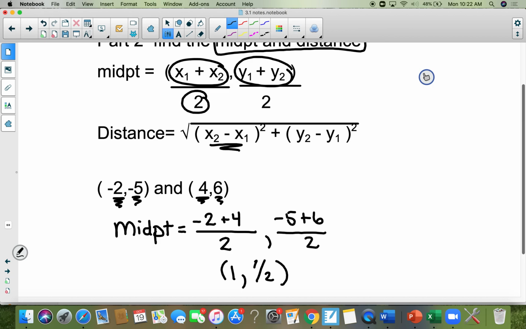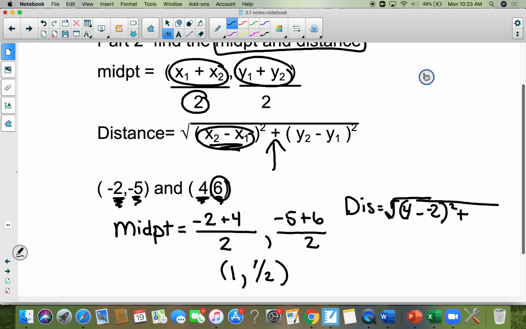Okay, now we're going to find the distance between these 2 points. I'm going to do it right here, distance. It's the square root of x2 minus x1, well x2 is 4, caught myself, x2 is 4, minus x1, which is -2, squared, plus the second y is 6, minus the first y squared.